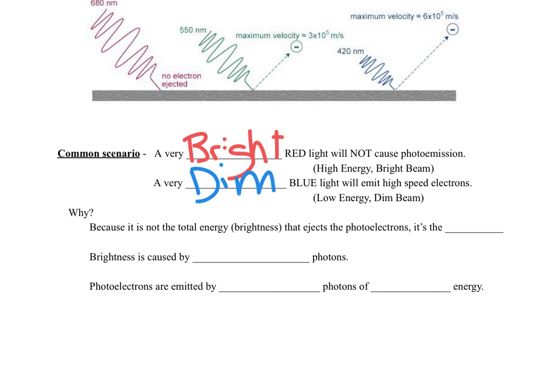So, I kind of summarized at the bottom of the page here. Why? Because it's not the total energy, not the brightness, that ejects electrons. It's the individual photons.